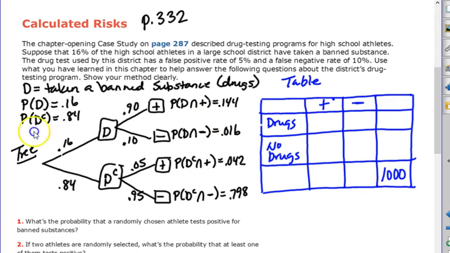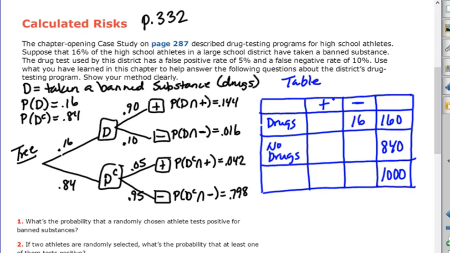So we start out with 16% take drugs and 84% don't. So 16% of 1,000 is 160, and 84% would be 840. Then 90% of those who take drugs test positive and 10% test negative. So let's start with the 10%. 10% of 160 would be 16. They test negative.